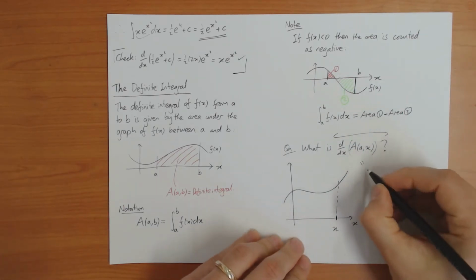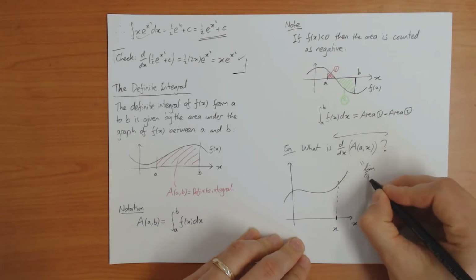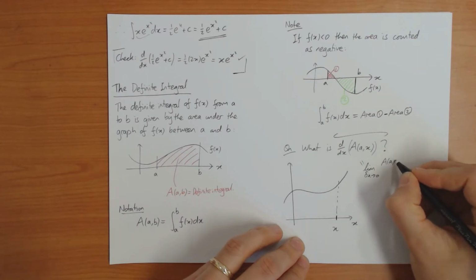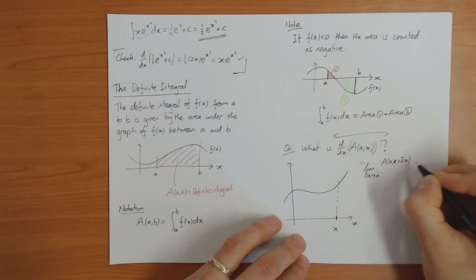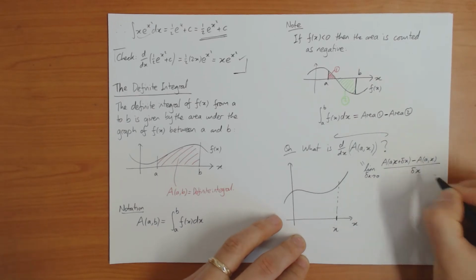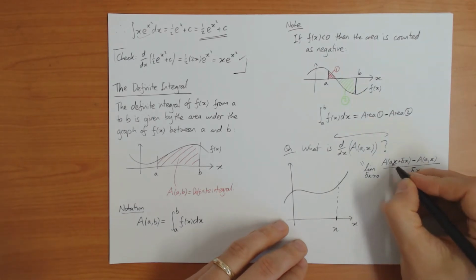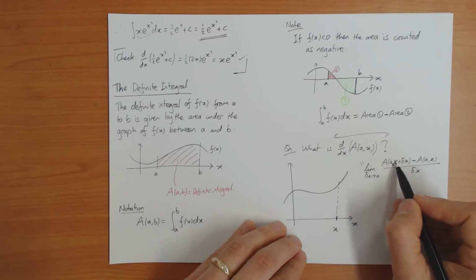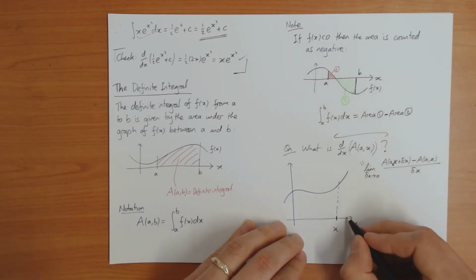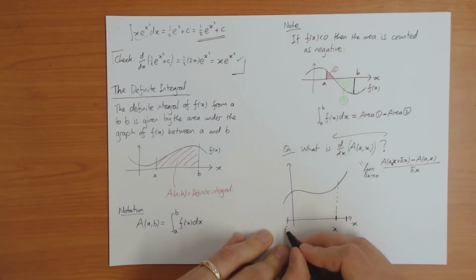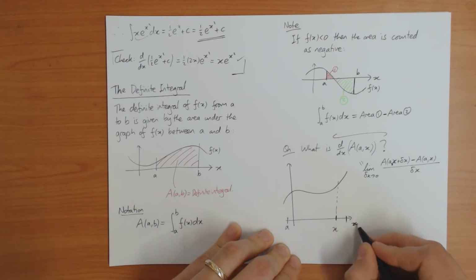This thing is equal to the limit as delta x goes to 0 of a of a and x plus delta x minus a of a and x, divided by delta x. That's the definition of a derivative, right? And this a of a and x plus delta x is the total area from a, which can be somewhere down here, up to x plus delta x, which I can say is here.